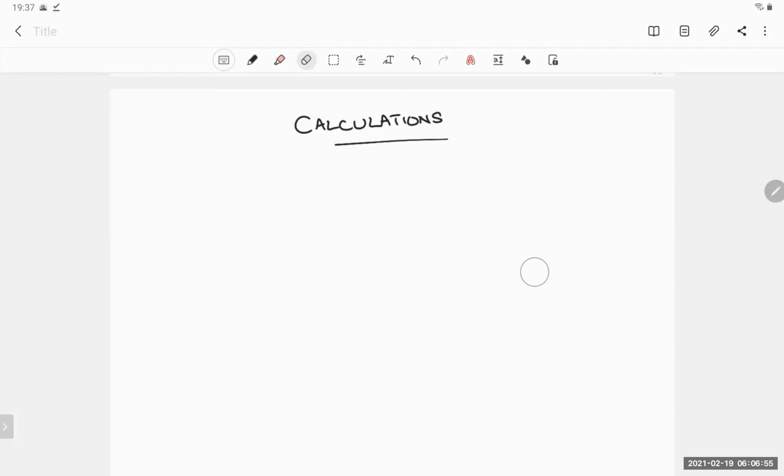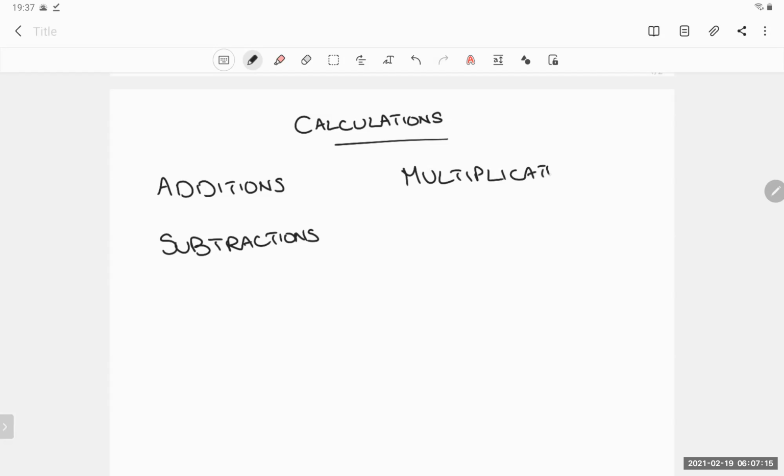Okay. Now, when I say calculations, over the next few sessions we are going to spend time on how to add numbers, how to perform subtractions, multiplications, divisions, and probably ratios or percentages.